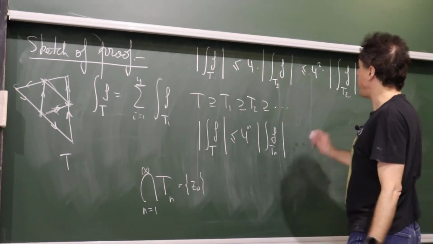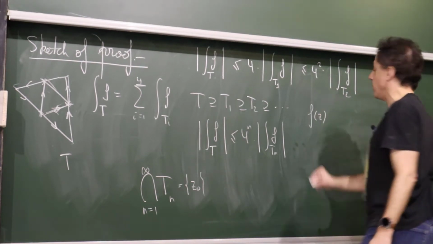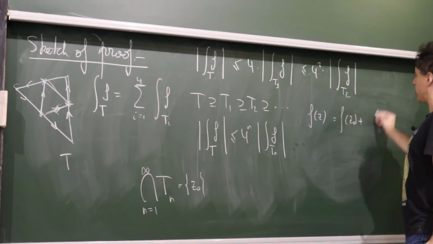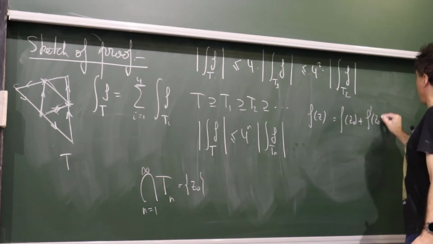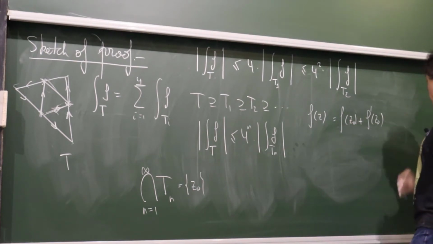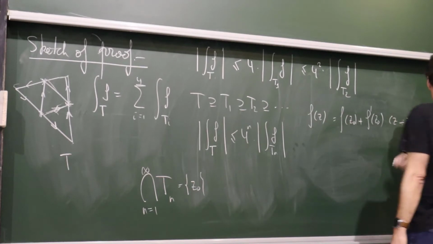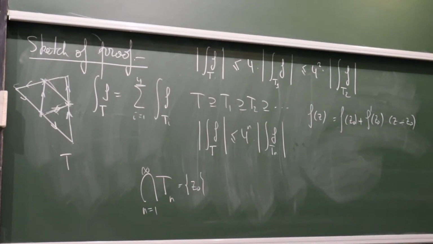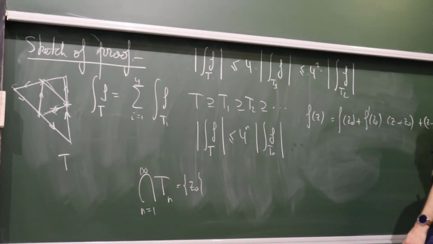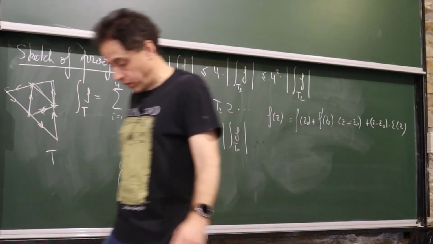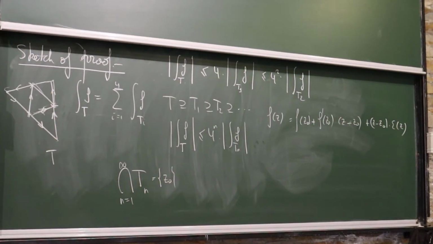Okay? f holomorphic at this point means that f(z) is f(z0) plus the derivative, say, times (z minus z0), plus, as I told before, something like (z minus z0) epsilon(z), with the notation of the differentials.